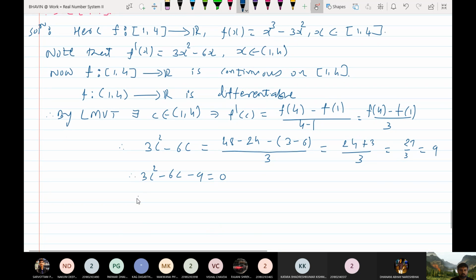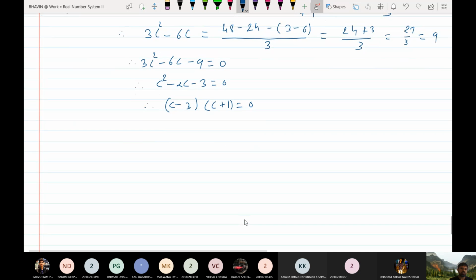Now divide throughout by which number I should divide, Abhay? Do you hear me? 3. Yes sir, 3. तो यहाँ पे देखिए फैक्टर लेते हैं c minus 3 and c plus 1.